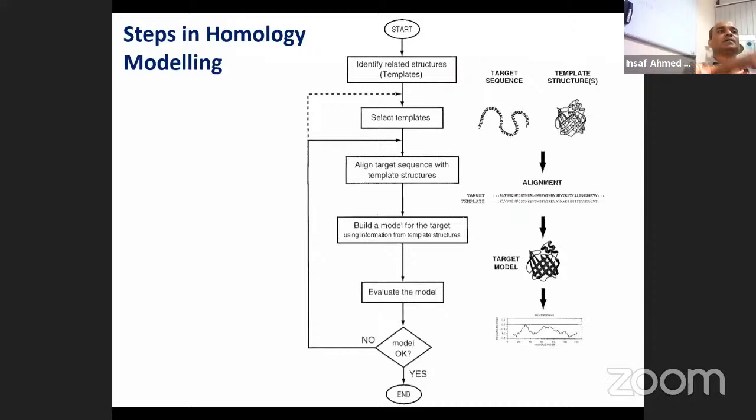I will tell you briefly how to perform homology modeling, and then I will give you a demo also. You take a protein molecule, here with 268 amino acids, and perform a sequence alignment. If you remember, we were earlier performing sequence alignment against the total database.